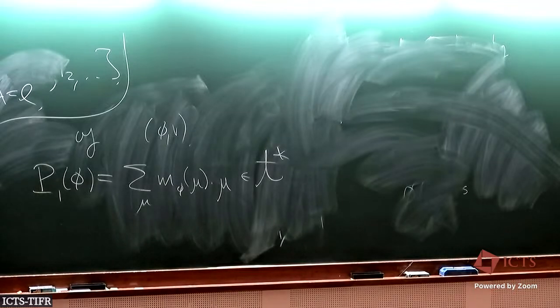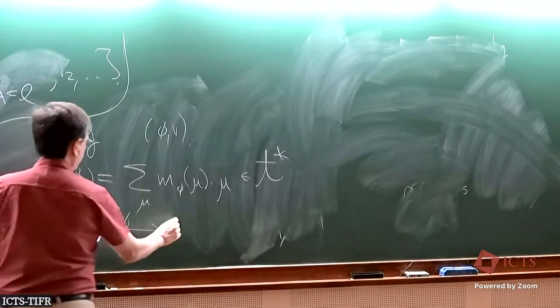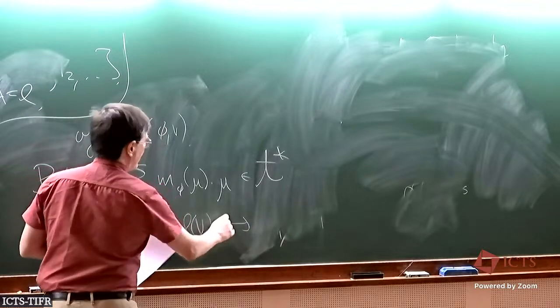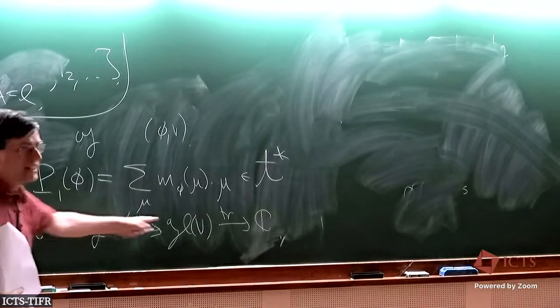Can anyone guess what this is? There's a nice interpretation of this. We can talk about the Weyl character formula a little bit later. This is not that. This is the trace. If I take T going to G, going to GL(V), and then I compose that with the trace, that's a member of T star.